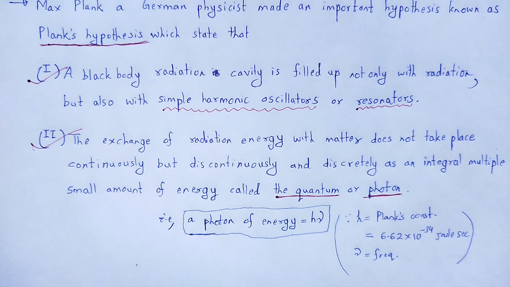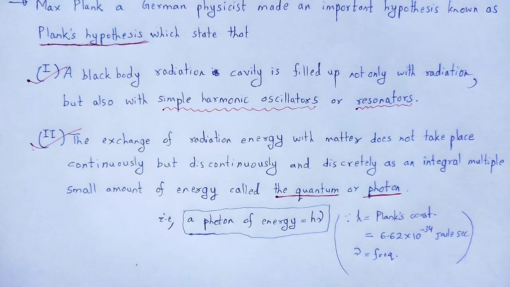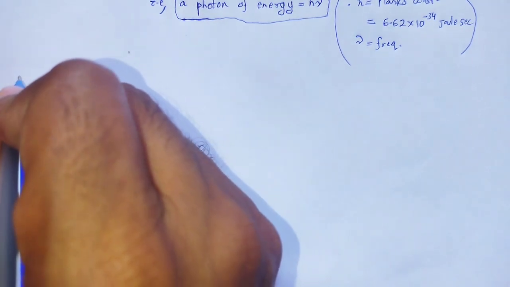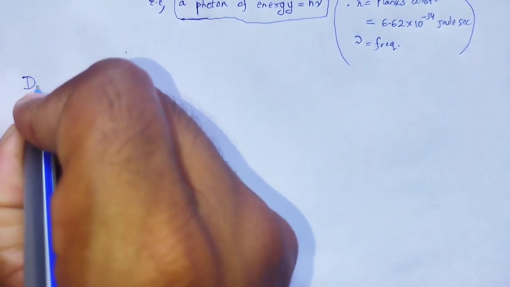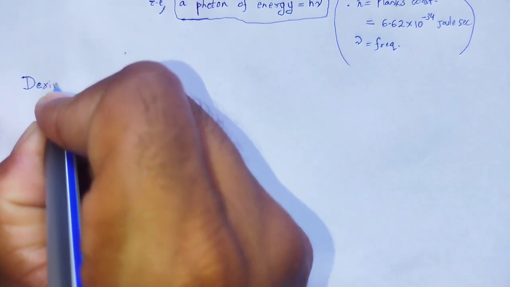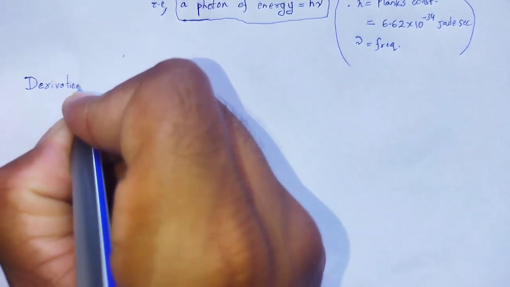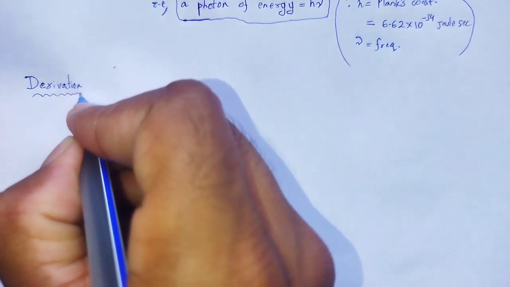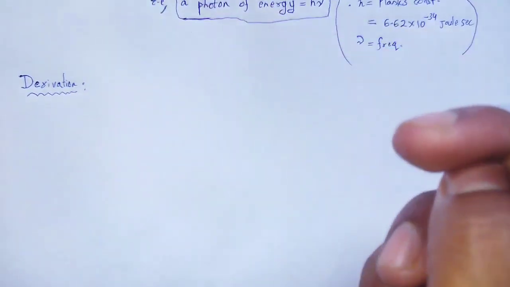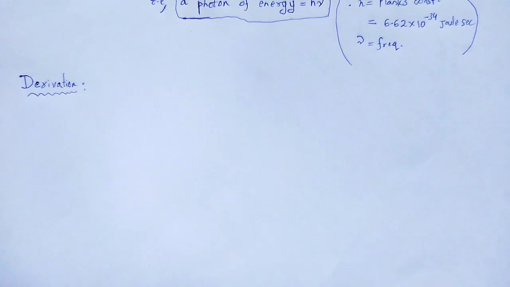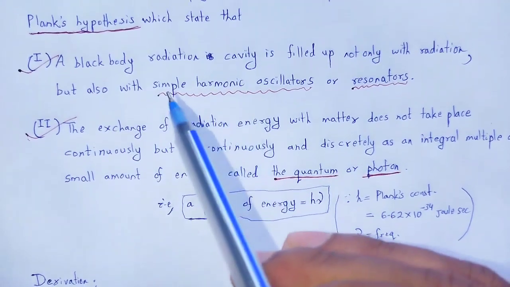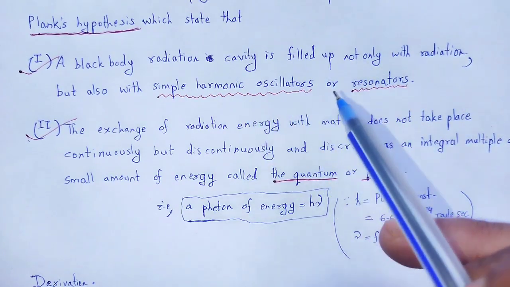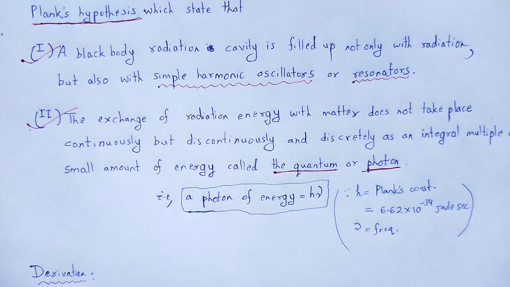Now we mathematically derive the expression by using the hypothesis proposed by Max Planck. As we said, the blackbody radiation cavity is filled up not only with radiation but also with simple harmonic oscillators, which are called resonators.